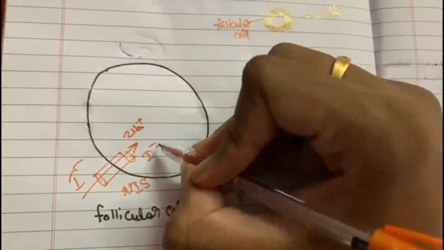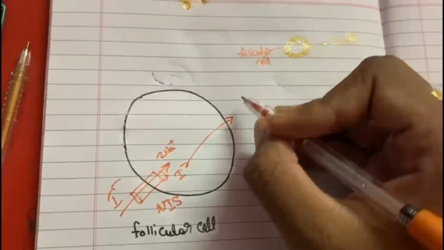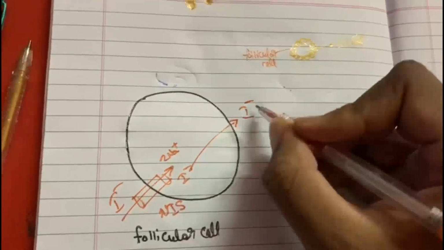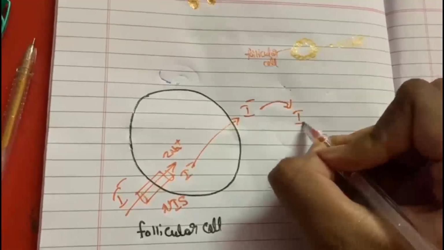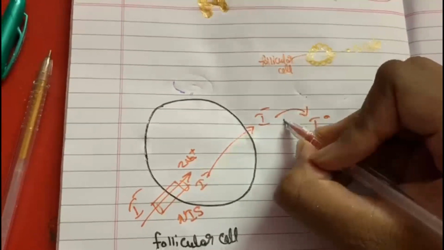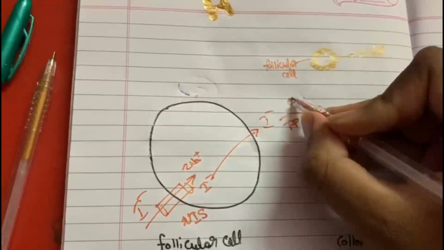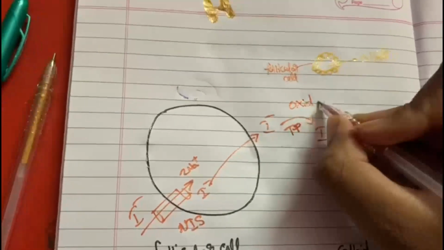This iodine is transported into the colloid where it is converted to iodide with an enzyme known as thyroid peroxidase by a process known as oxidation.